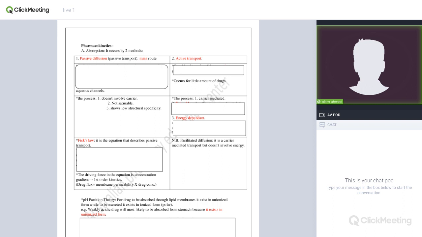Just as a reminder, all the topics highlighted in red are very important. They are frequently repeated questions. So the first thing we will discuss today is the pharmacokinetics.